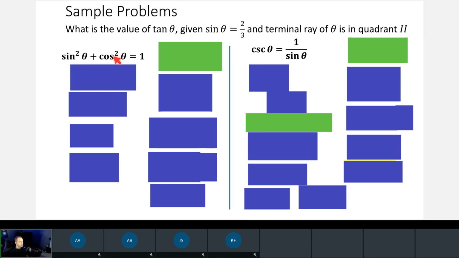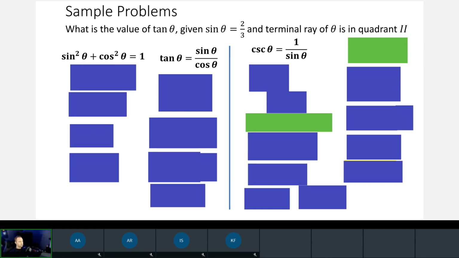But now we need to figure out cosine, or not figure it out, but we're going to use it in the next step. So the next identity that we choose needs to have cosine in it, and preferably one that has cosine and sine because we know what both of them are.